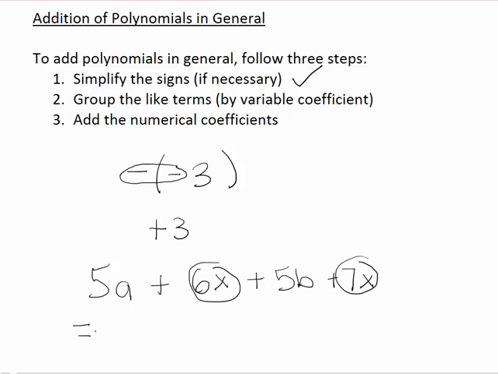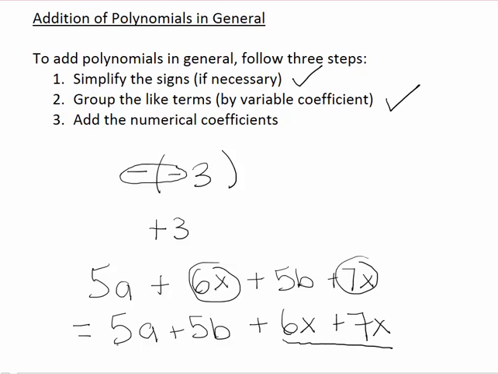We would rewrite this as 5a plus 5b, and then put the like terms all together. Our next step would be adding the numerical coefficients. Anything that is alike, we can add together. So this 7x and 6x, we can go ahead and change that to 13x. And that was our final step.